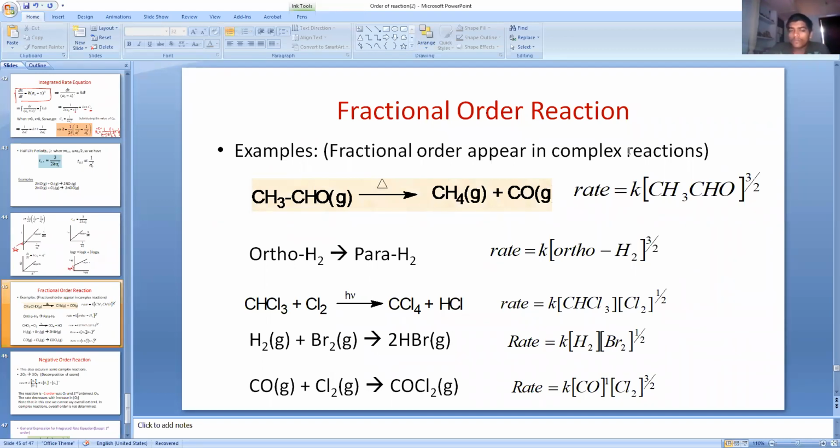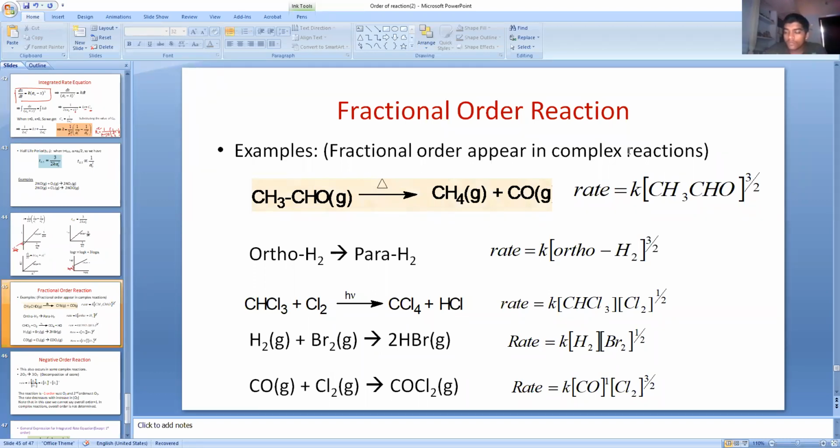We will be studying in detail the difference between elementary and complex. If it is a multi-step reaction, you have to find the rate law by taking all the steps into account, but the rate law will be primarily deduced from the slowest step, which is called the rate determining step, that we will study. And fractional order comes only when it is a complex reaction.